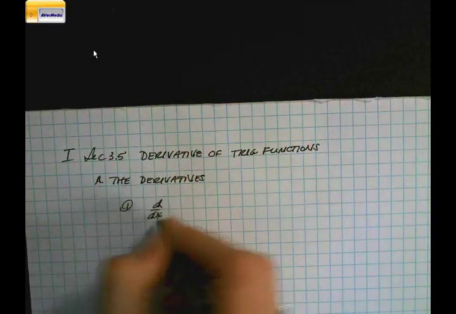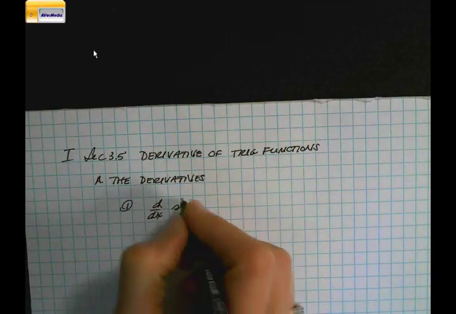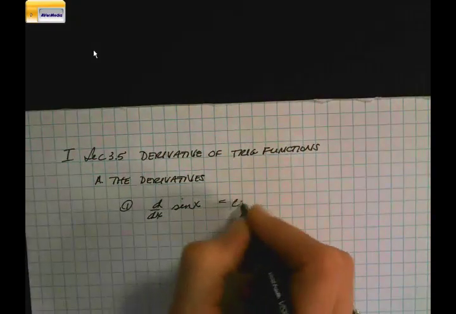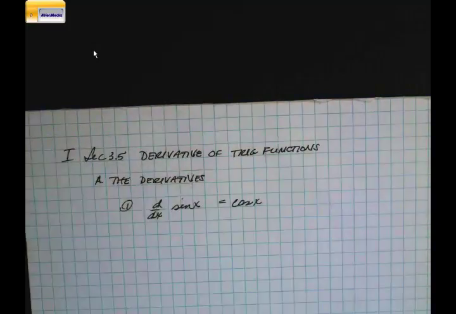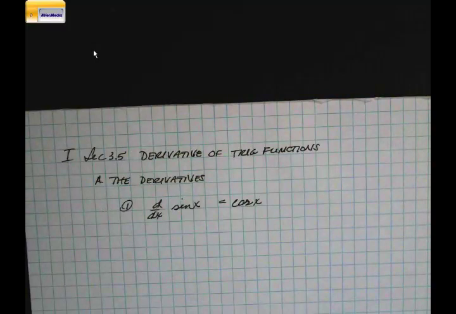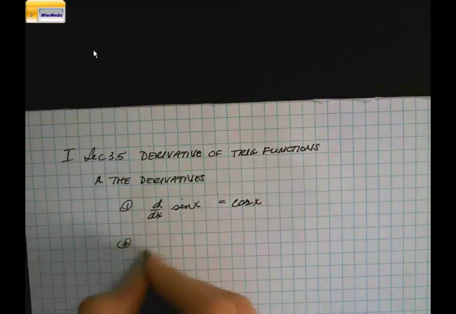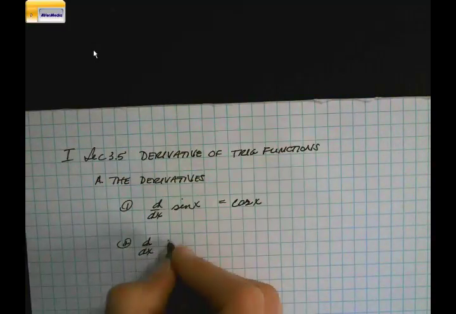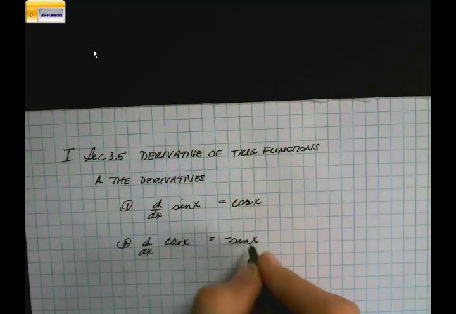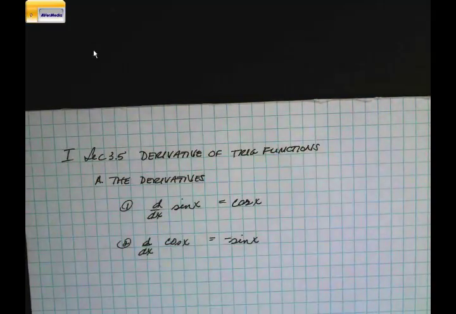No problem. So, for instance, the first derivative, d/dx of sine x, the derivative of sine x is cosine x. Very simple. The derivative of the sine function is the cosine function. The derivative of the cosine function is the negative of the sine function.